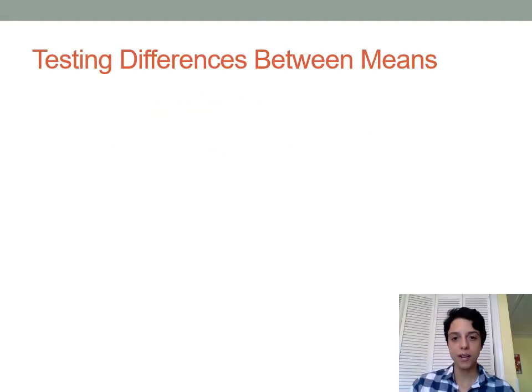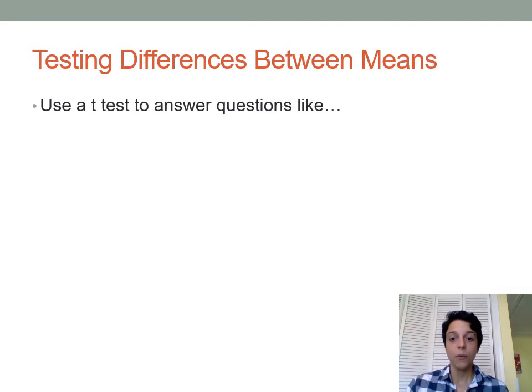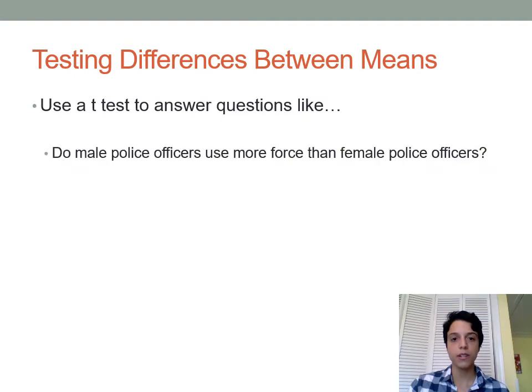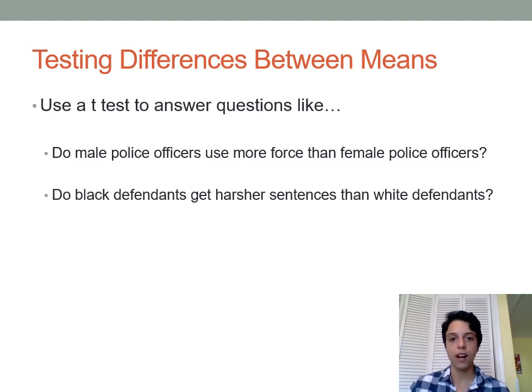So let's talk a little bit about testing differences between means. What I mean by this is that you can use a t-test similar to the one we did last week to answer questions like, do male police officers use more force than female police officers? Do black defendants get harsher sentences than white defendants in court?